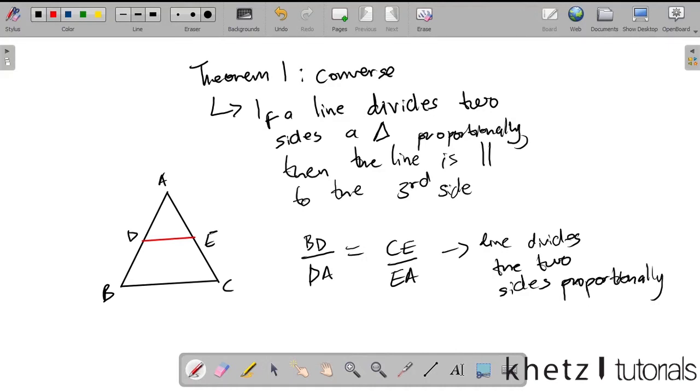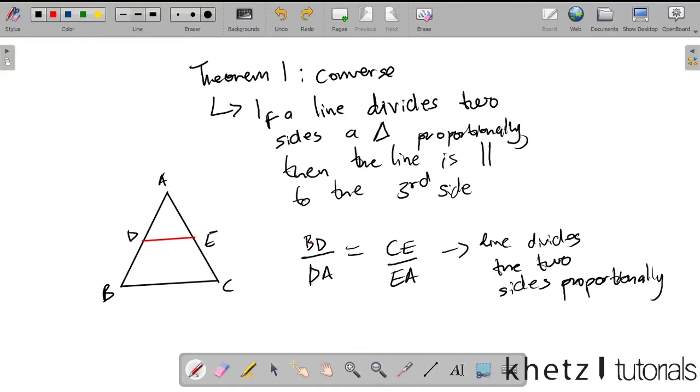Let's say we're given values, and from the values which are given, we see that BD divided by DA is equal to CE divided by EA. You can also use any other ratio you want to use.